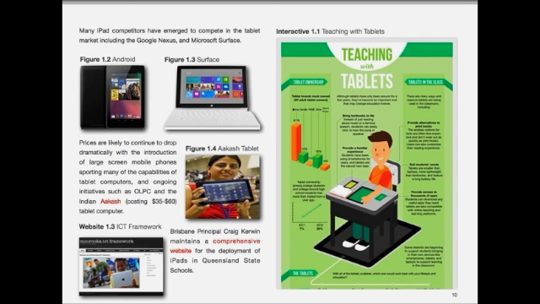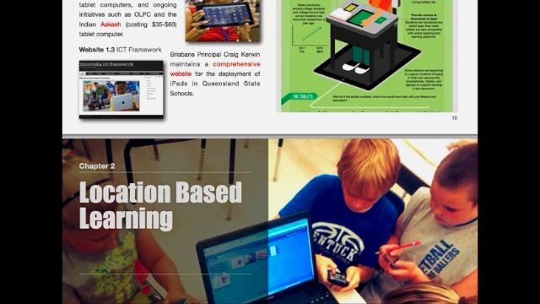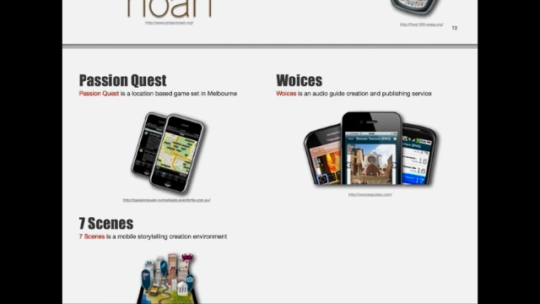It hasn't really been until we've had tablet devices and laptops become affordable that we've really been able to explore mobile devices. But now also we've got students having mobile phones that have got a lot of computing power. So finally we've been able to actually look at what's known as location-based learning, or mobile learning in its true sense. So this is not just having access to the device.